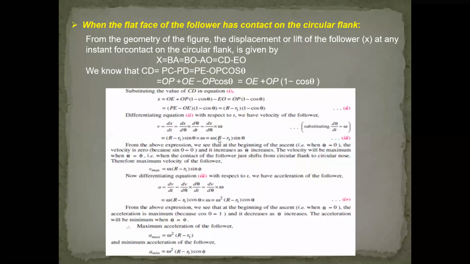So omega into capital R minus R1 sin theta is our velocity.